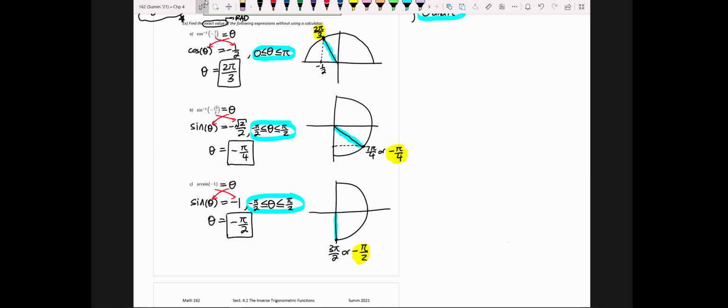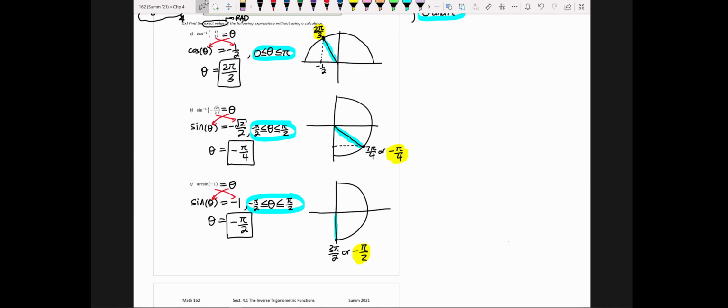Then we do the switch, and we say tangent of theta is equal to -1. When we go from inverse tan to tan, we switch the inputs and outputs, but we have to find the theta that satisfies the equation and lives in the restriction. So it needs to satisfy both the equation and the restriction.